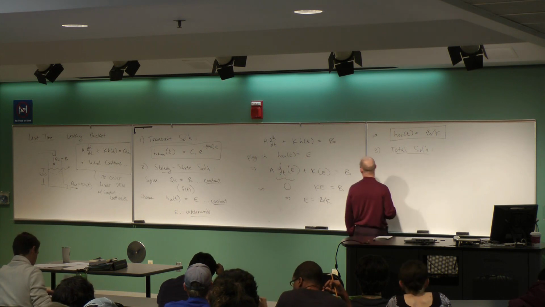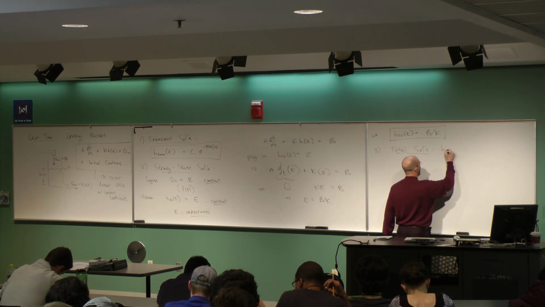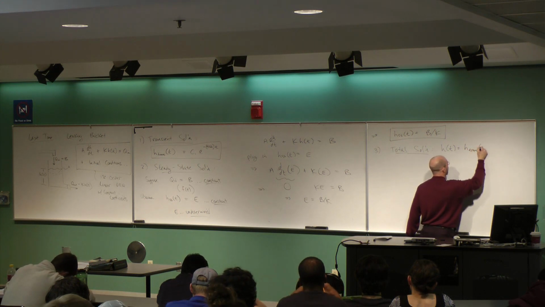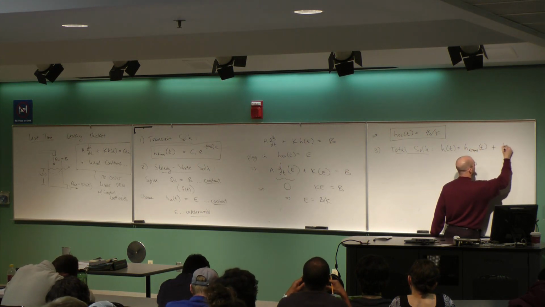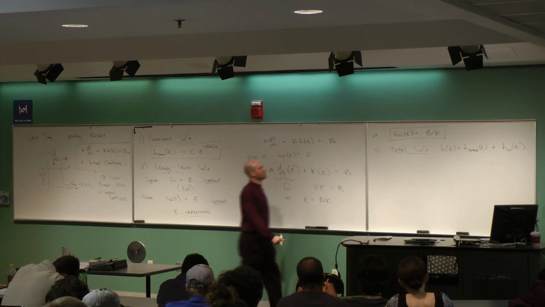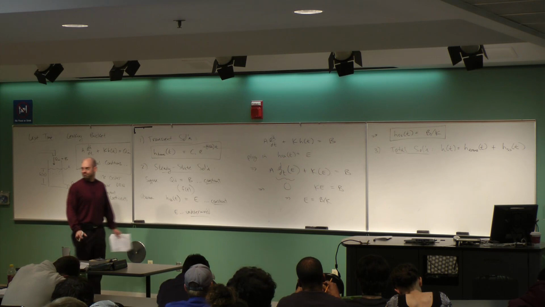Okay, and so what is that? Well, I want h of t is equal to the sum, h transient of t plus h steady state of t. Somebody give me a why for that.